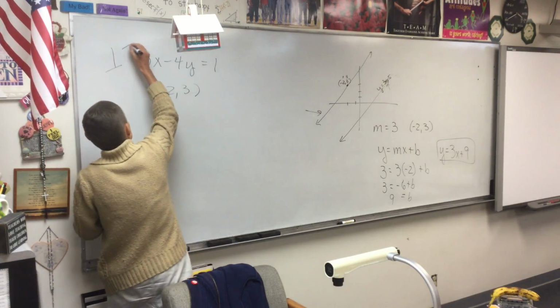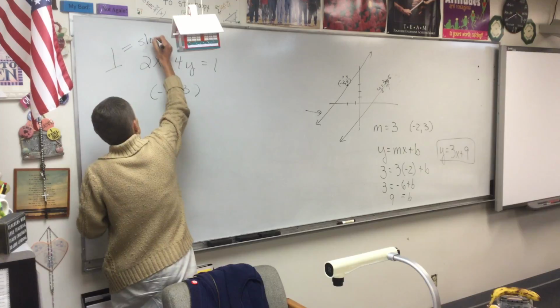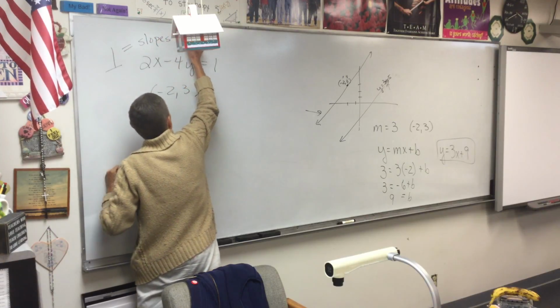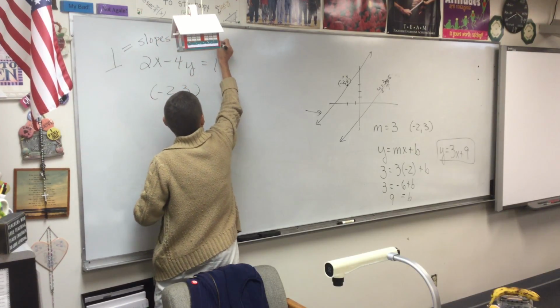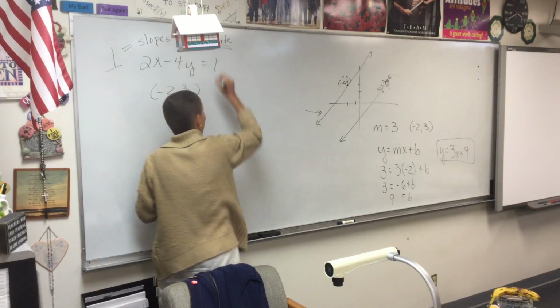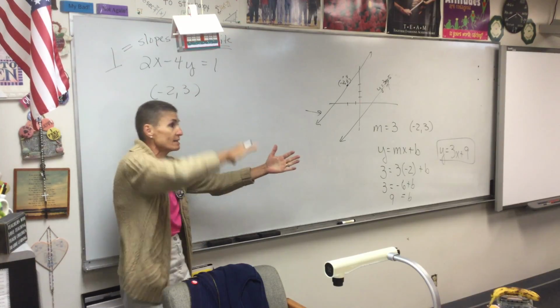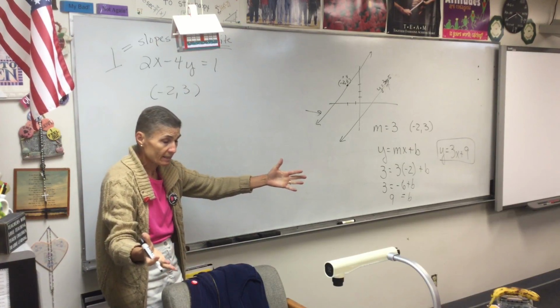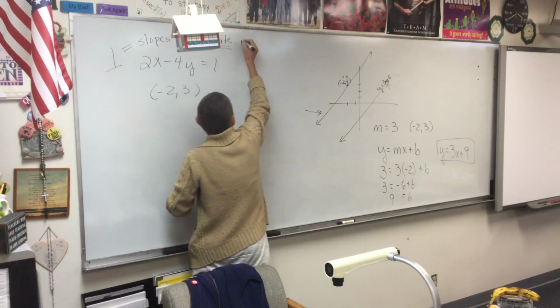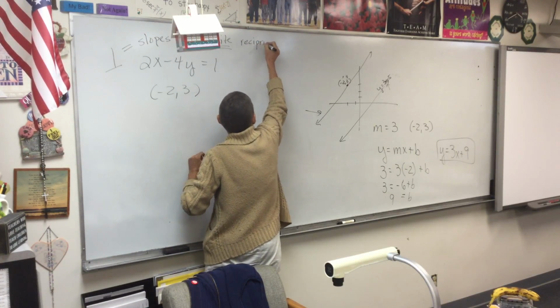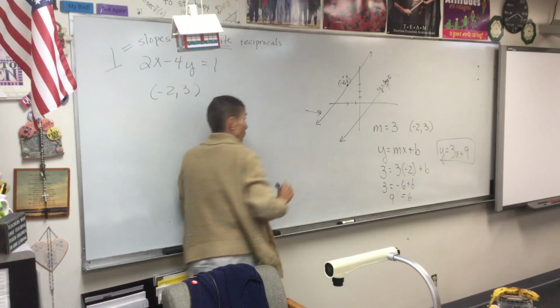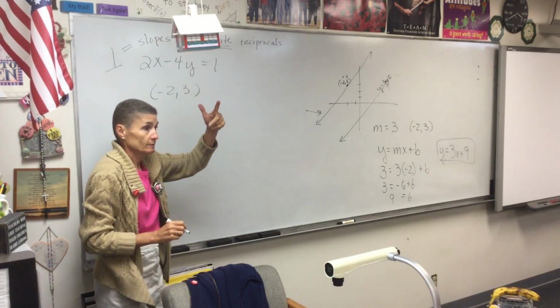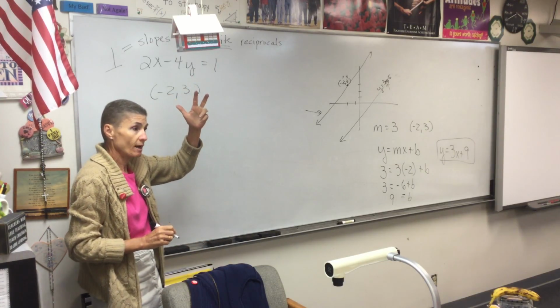So for perpendicular lines, the slopes are opposite, which means if one is positive, the other one will be negative. Opposite reciprocals, which means you're going to flip it over and change its sign.